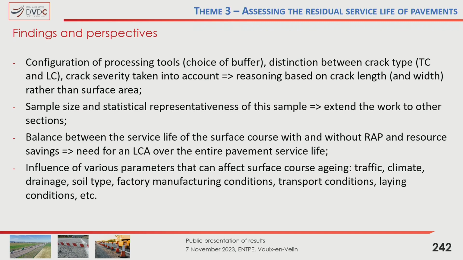And the last thing, because of the conclusions we've made, is to try, ideally, to have a complete analysis of the complete life cycle of a road. If I put recycled products, I might lose some of the life cycle, but I'll have a better impact environmentally. So for the entire road, what's the best arbitration?